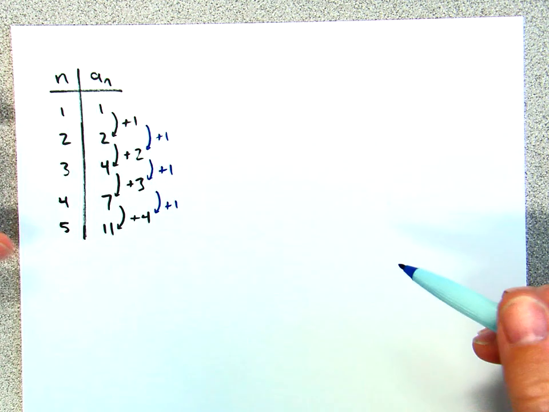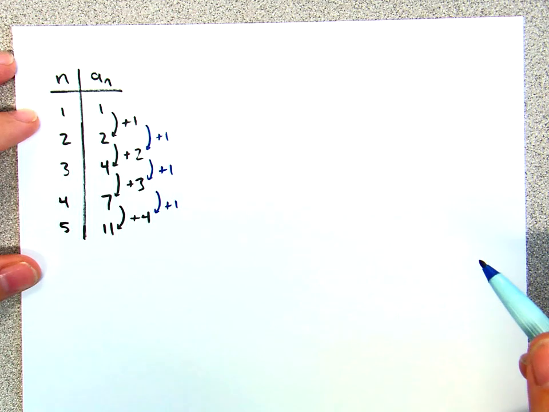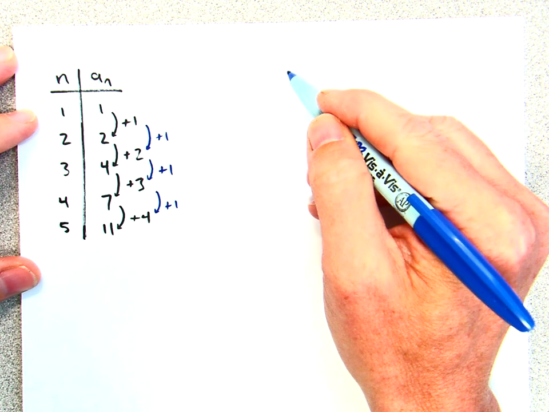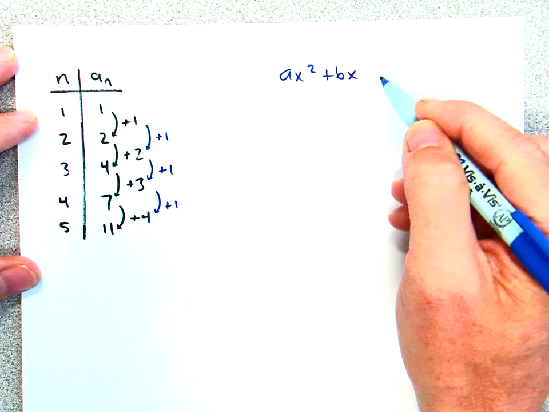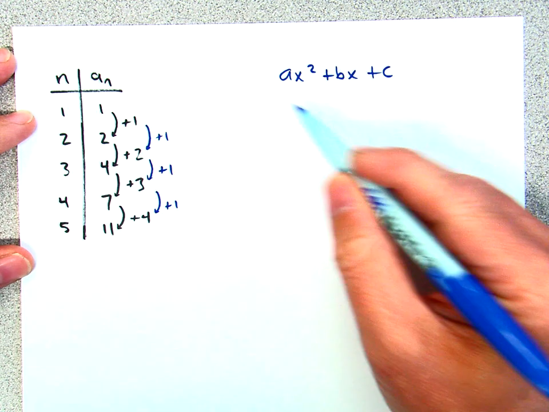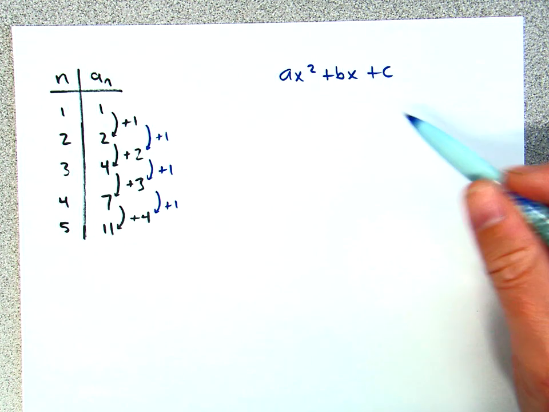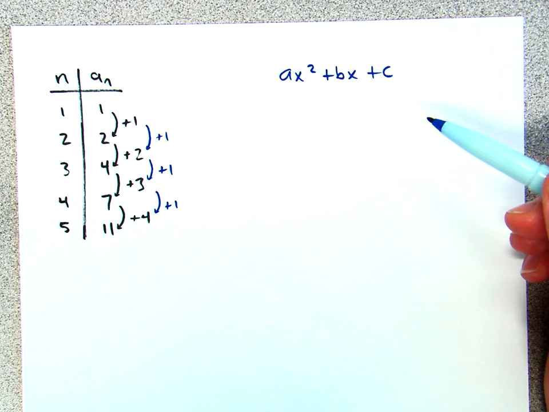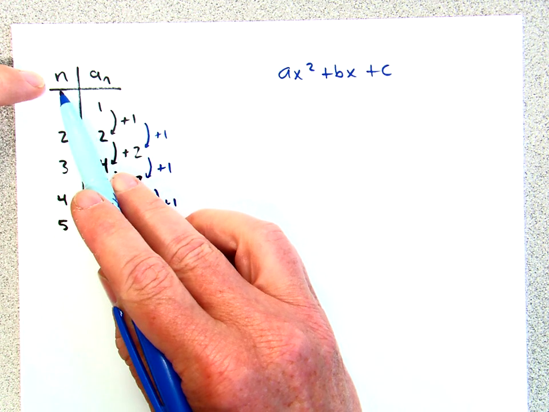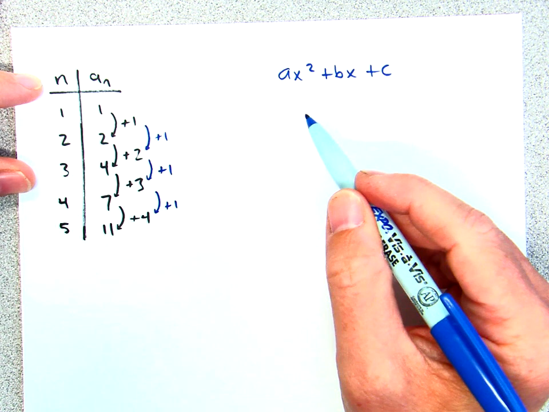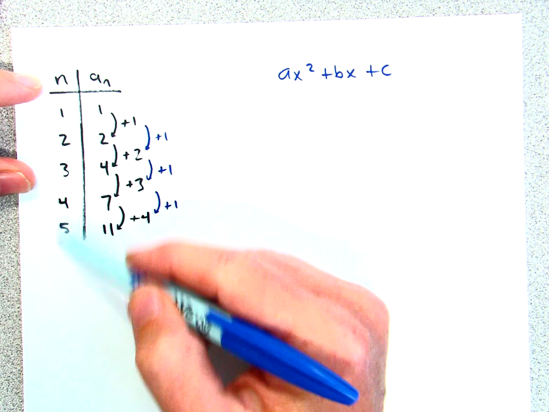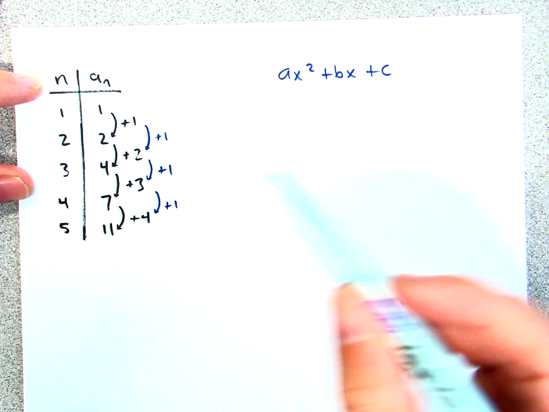Now, the standard form for a quadratic function will be ax squared plus bx plus c. So a, b, and c are constants. X is a variable, right? In this case, we're presented with n's and a sub n's. So we could say that if we picked an n, we should get an a sub n out.